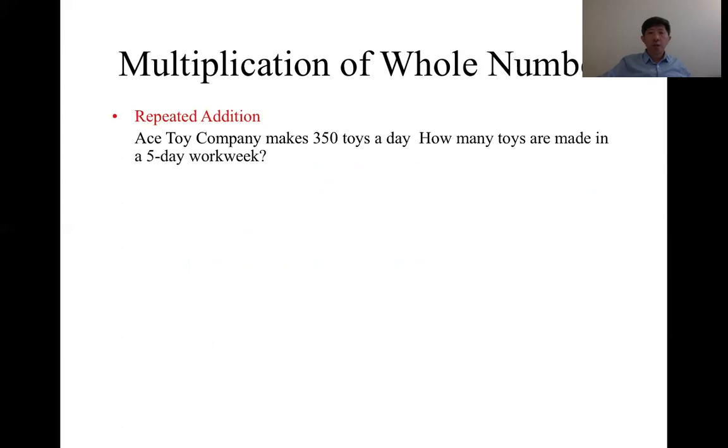Here are some examples. We can do multiplication of whole numbers. A toy company makes 350 toys a day. How many toys are made in a 5-day work week? So therefore, we have to take 350 times 5.